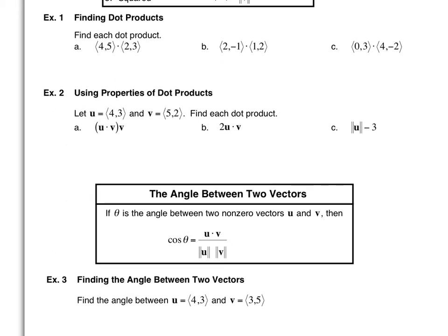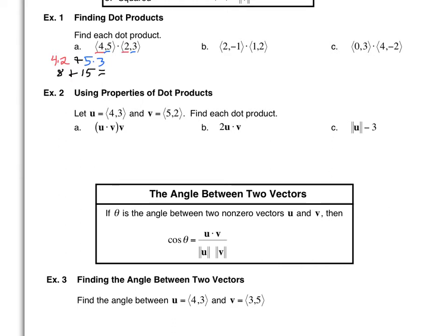Practice finding them. And if I were you, I would write out your notes in more detail than you normally would for your homework. So to find the dot product, I'm going to take my x values, 4 times 2, plus I'm going to take my y values and multiply those together, 5 times 3. 4 times 2 is 8, plus 5 times 3 is 15.